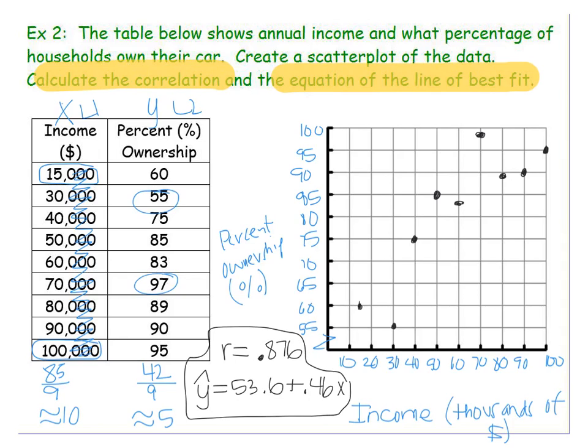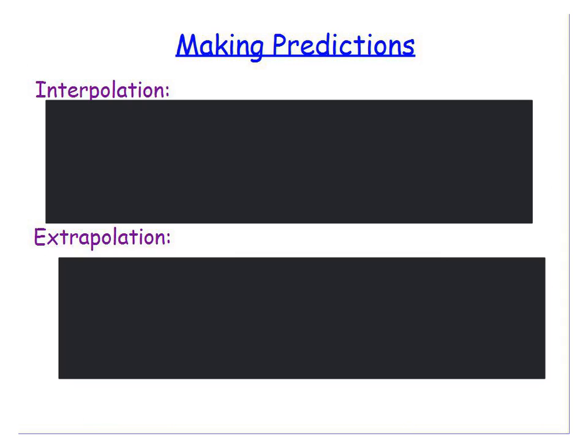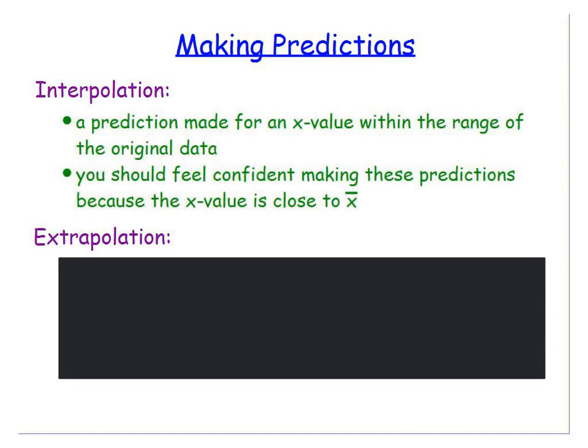And so now that we have a couple of equations and we've practiced the calculator side of it, we need to talk about this making predictions part. So that's the next slide. There are two types of predictions. The first type of prediction is what's called interpolation. So this is a prediction made for an x value that falls within the range of the original data.